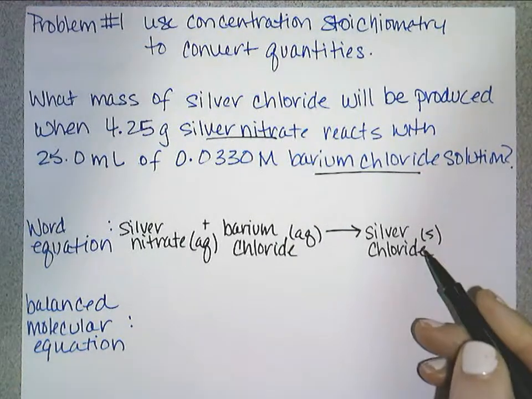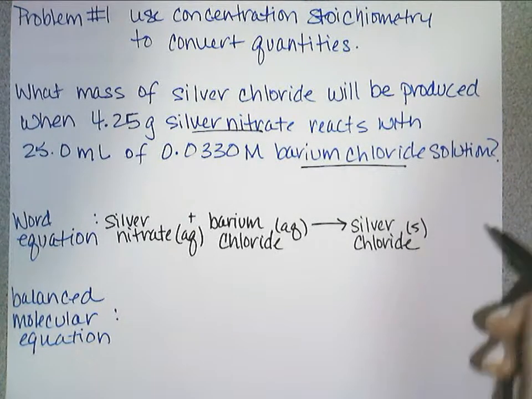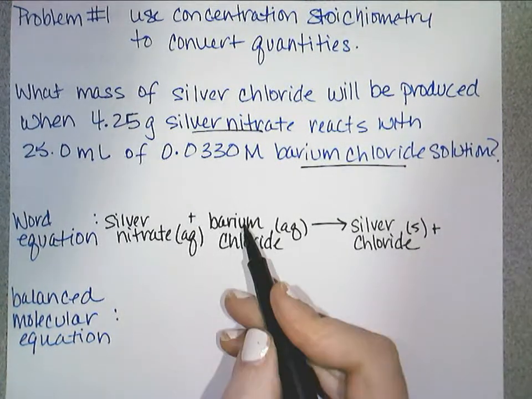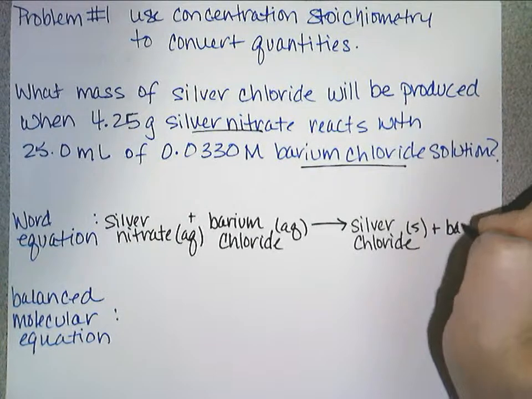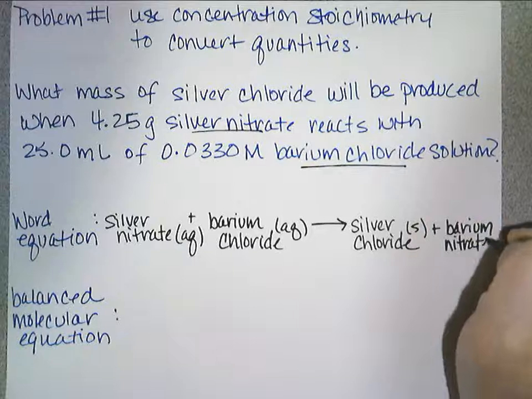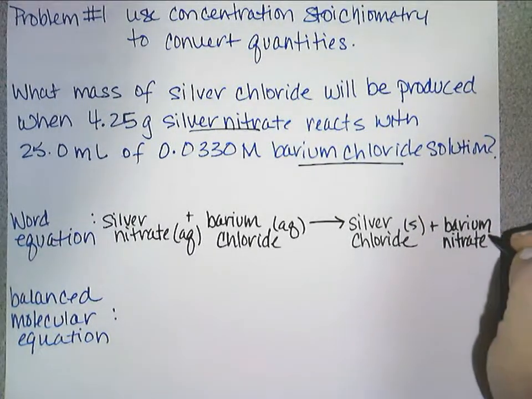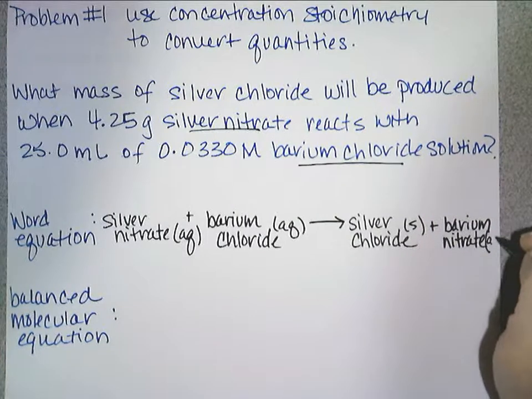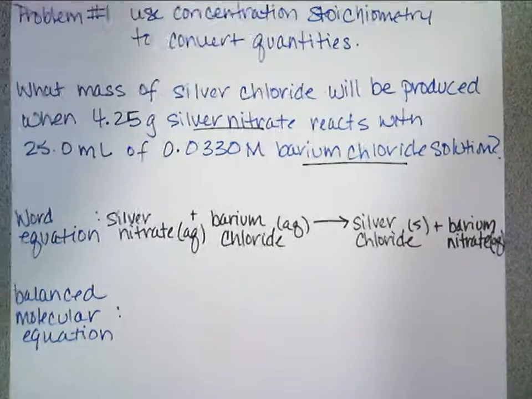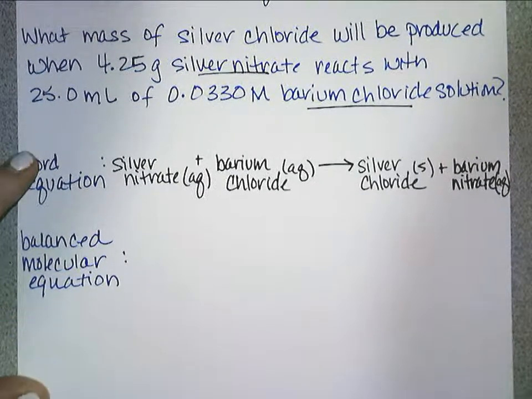We can use our solubility rules to determine that silver chloride is insoluble, plus barium nitrate. And if you remember from our solubility rules, all nitrates are soluble, so it remains aqueous, or in solution. Okay, so that's our word equation.